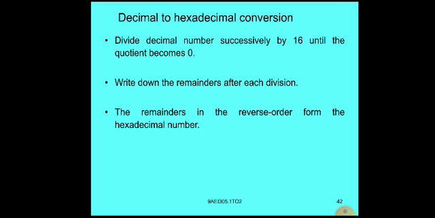From binary to decimal and decimal to binary we have converted, and from decimal to octal, from octal to decimal we have converted, and octal to binary, and binary to octal conversion we have done.